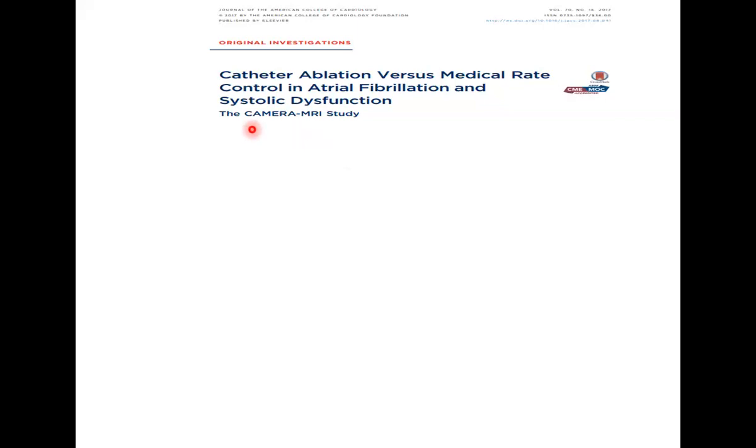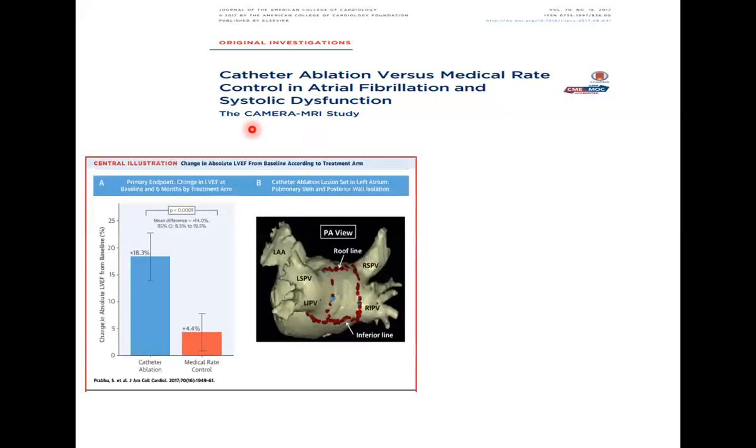If you look at this study, the CAMERA-MRI study, which looked at catheter ablation versus medical therapy in patients with atrial fibrillation: these were the patients who were just treated medically, and then when you compare them to patients who underwent catheter ablation, you can see that there's like a 4-fold improvement in the ejection fraction.